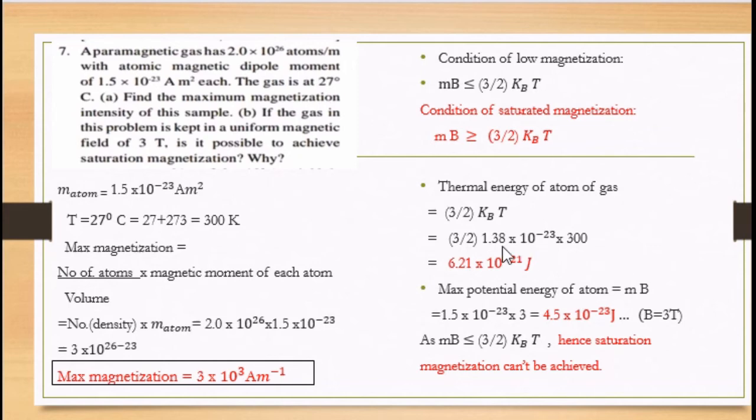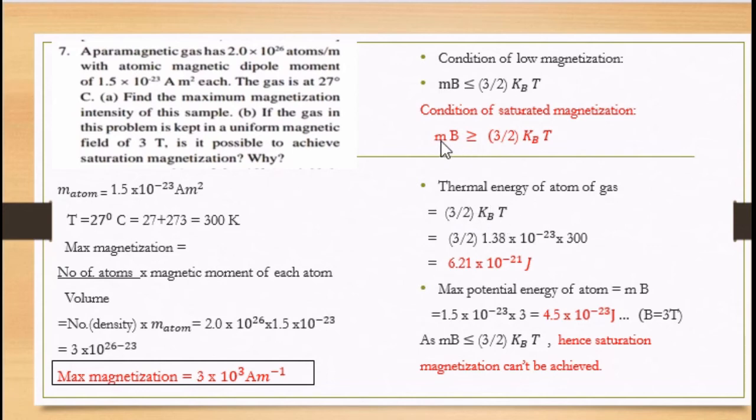Then 2 divides 300, that is 150. So 3 into 1.38 into 150 gives 621, and with the 10 raised to power minus 23, this gives you 6.21 into 10 raised to power minus 21 joule. So we found the value of 3/2 kBT.